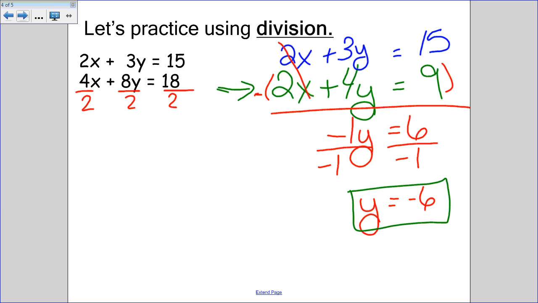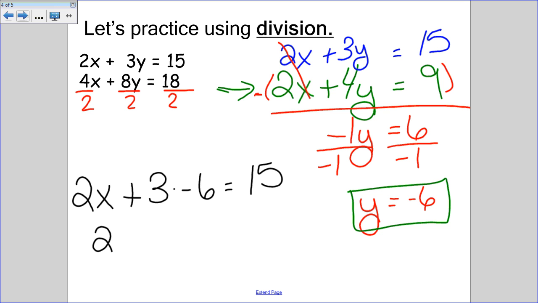Same thing, let's plug this back into an original equation. We'll do our first one up here. 2x plus 3 times negative 6 equals 15. 2x plus 3 times negative 6 is negative 18, equals 15.